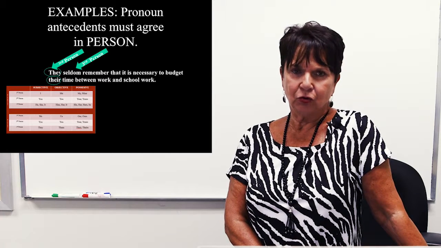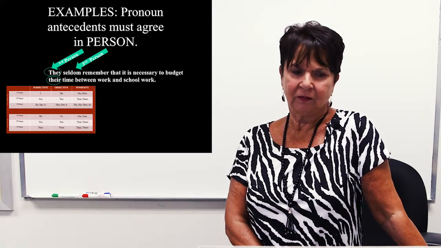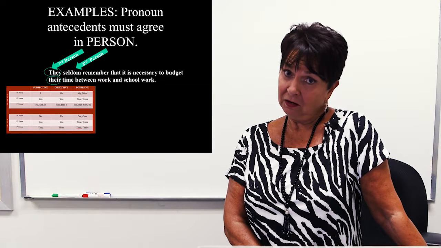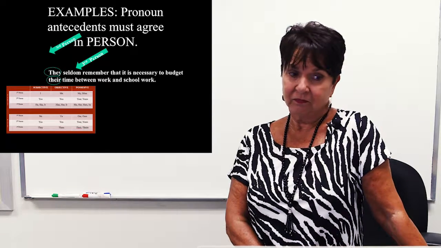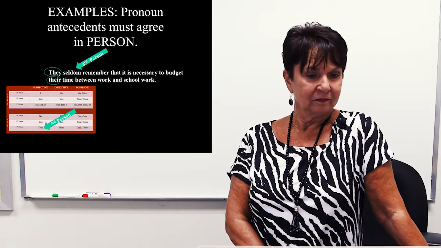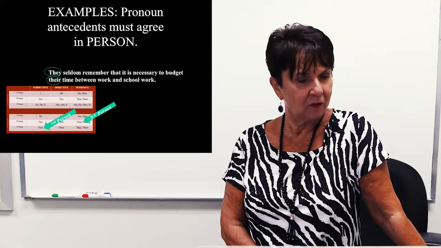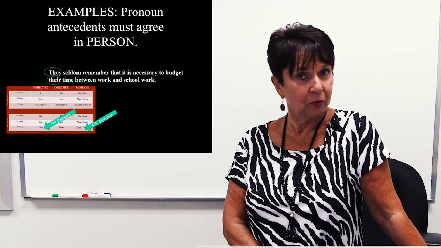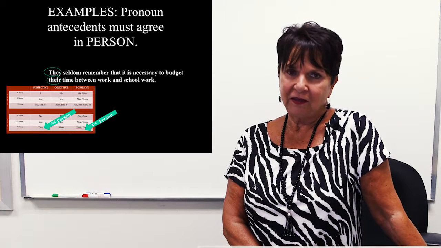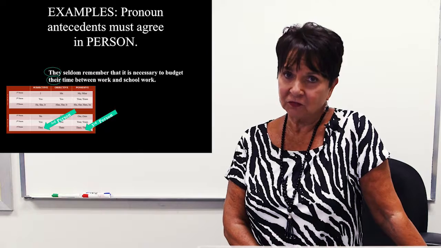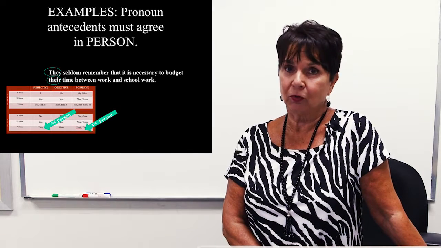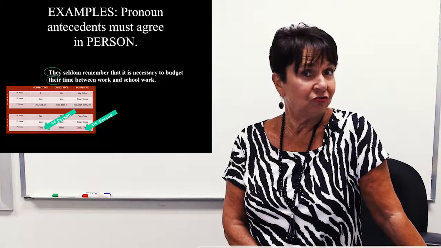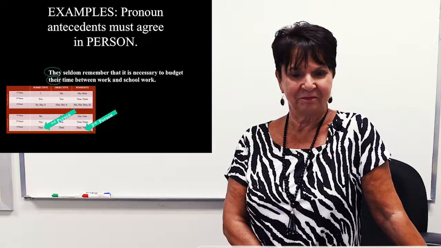They is third person. There is third person. And look at the cases, look at the columns. They is the subjective pronoun for third person plural. There is the possessive pronoun for third person plural. They match, they agree. This is correct.